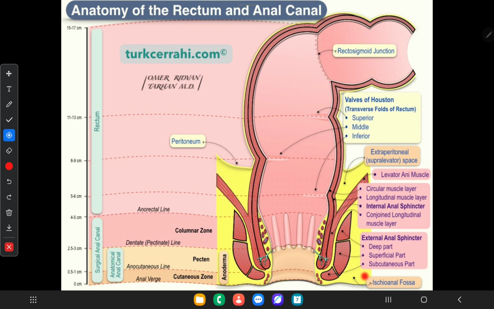When we talk about the internal appearance of the anal canal, it is divided into three parts: the upper part, which is 15 mm in length, the middle part, the pecten, which is also 15 mm in length, and the lower part, 8 to 10 mm in length.